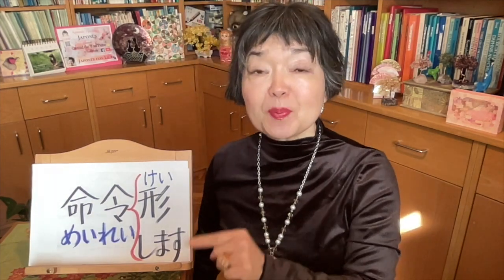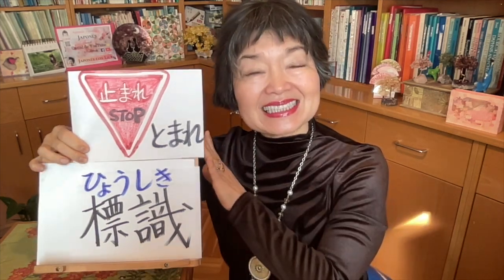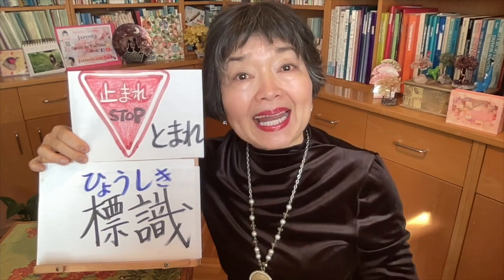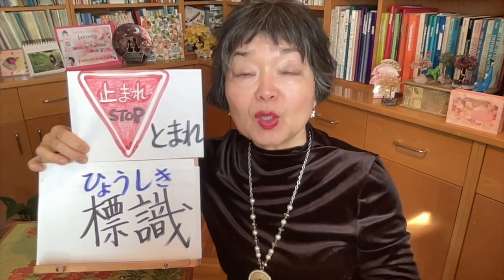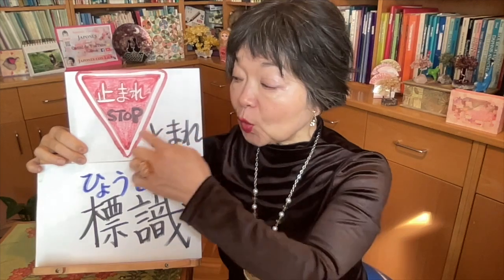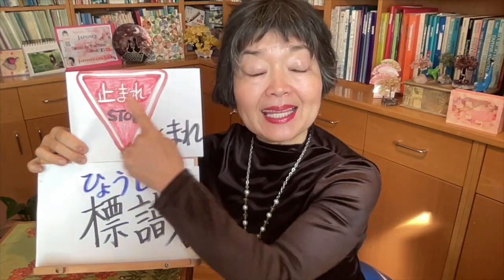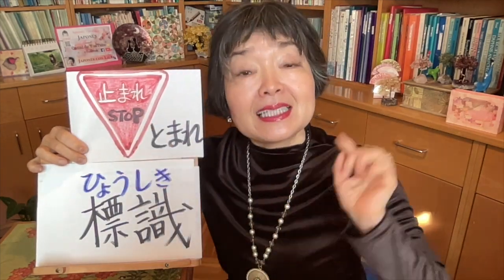We also use 命令形 in the signs such as traffic signs, road signs. Signs, we say 標識 like this. In this case, the verb is 止まります, 止まる to stop. But 止まれ here, this is the imperative form, stop.